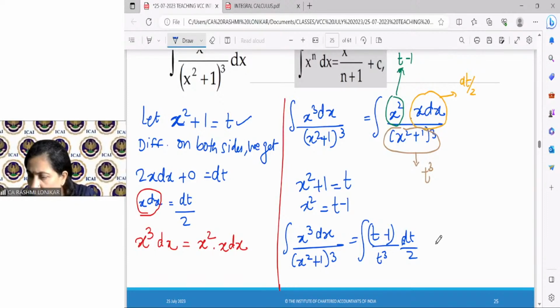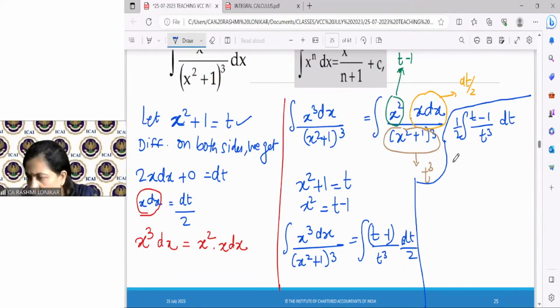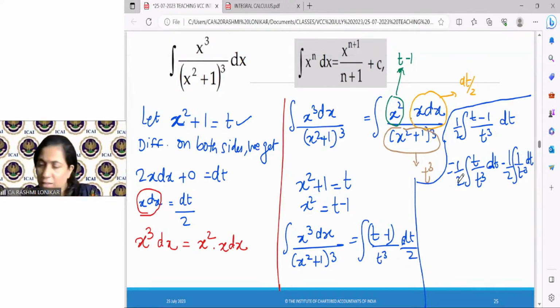So this is equal to integral of 1 upon 2 into t minus 1 upon t cube dt. Now this is equal to 1 upon 2 integral t upon t cube dt minus 1 upon 2 integral 1 upon t cube dt. I've just expanded this one integral into two parts.